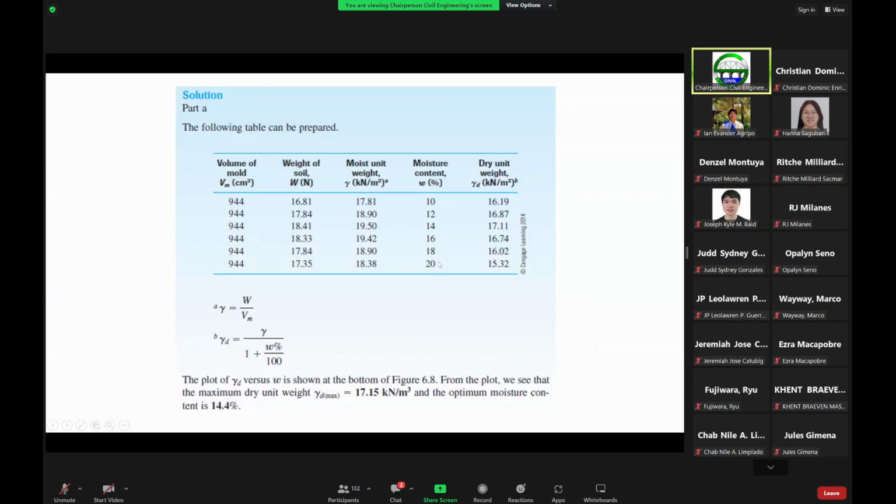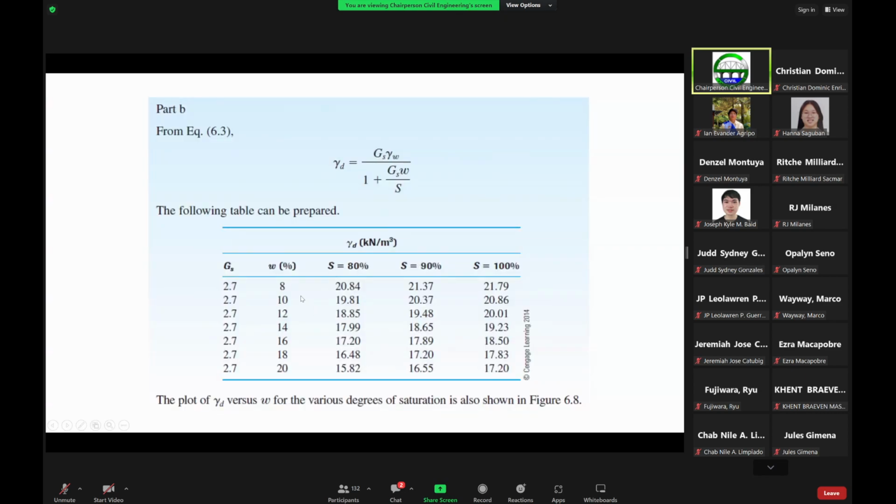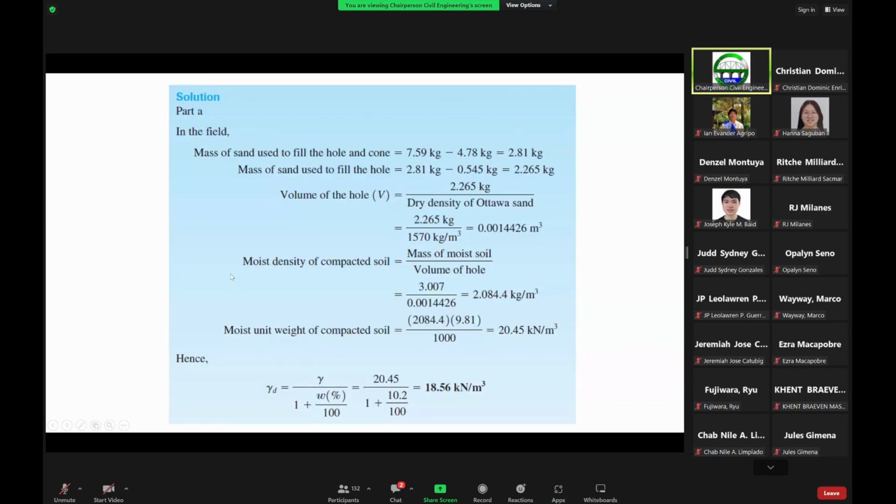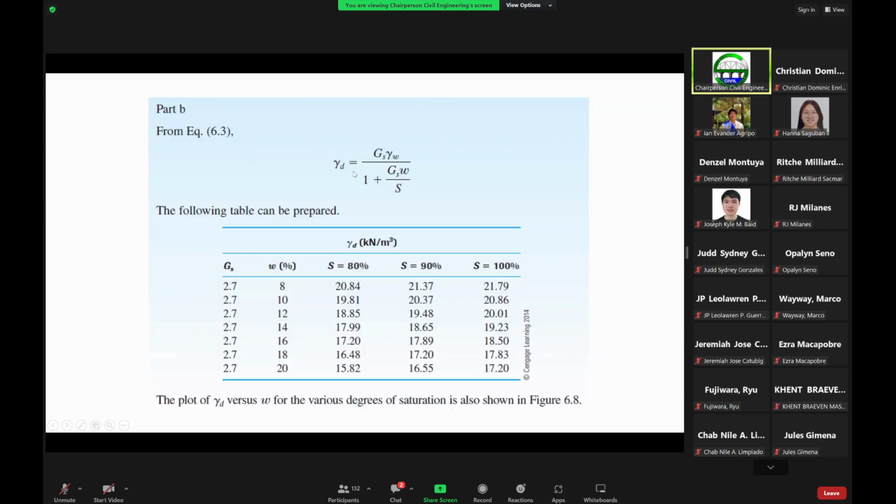I think this is given, this one here. You have the corresponding water contents. So substitute it here. Then you substitute the unit weight of water, and then you substitute here the water contents, and then try to consider 80%, 90%, and 100%, which will then give you these corresponding values.